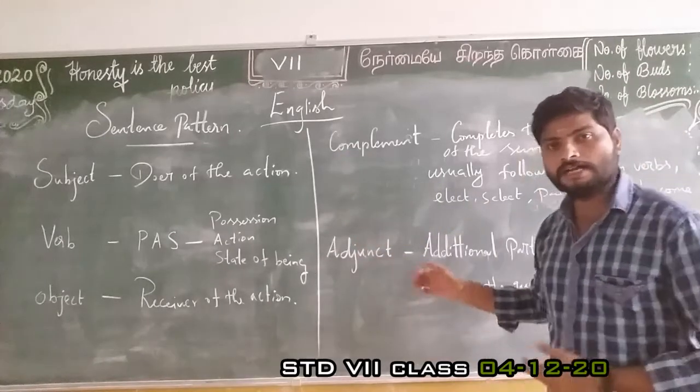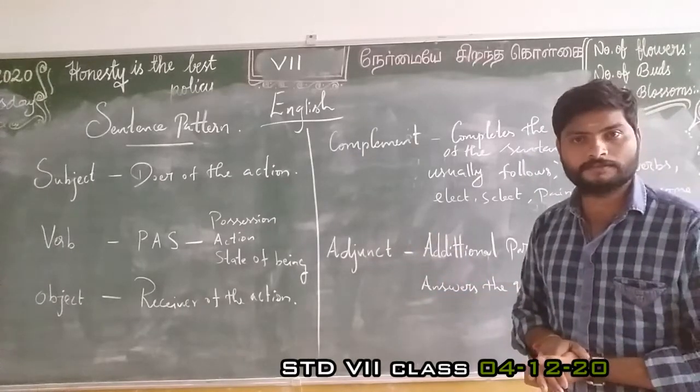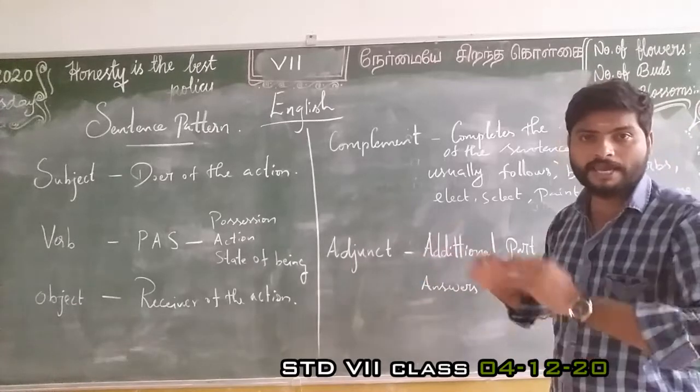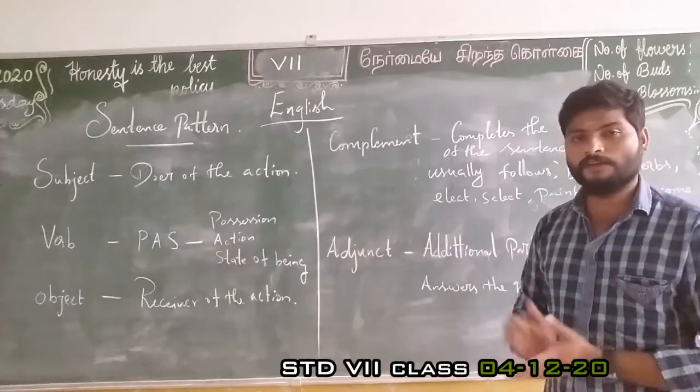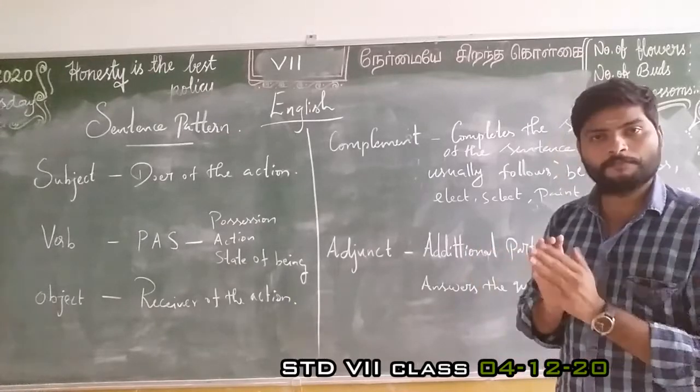But adjunct is an additional part. We need not worry about the adjunct part, because with or without this part, the base meaning of the sentence will not be changed. There is no problem for the meaning of a complete sentence.